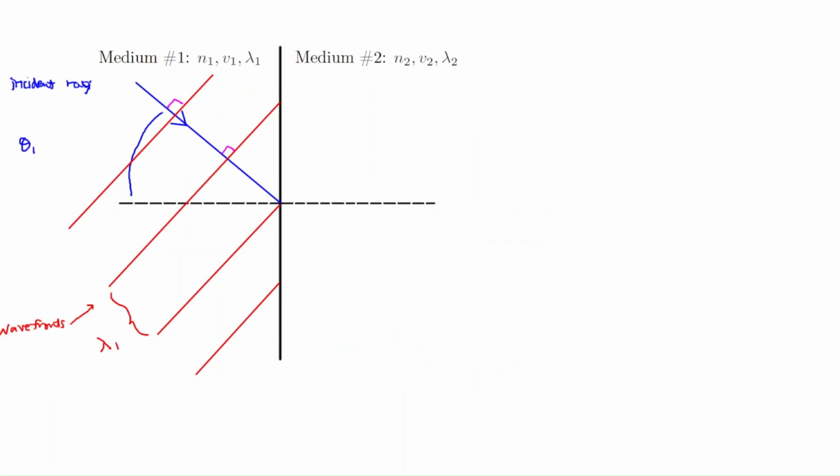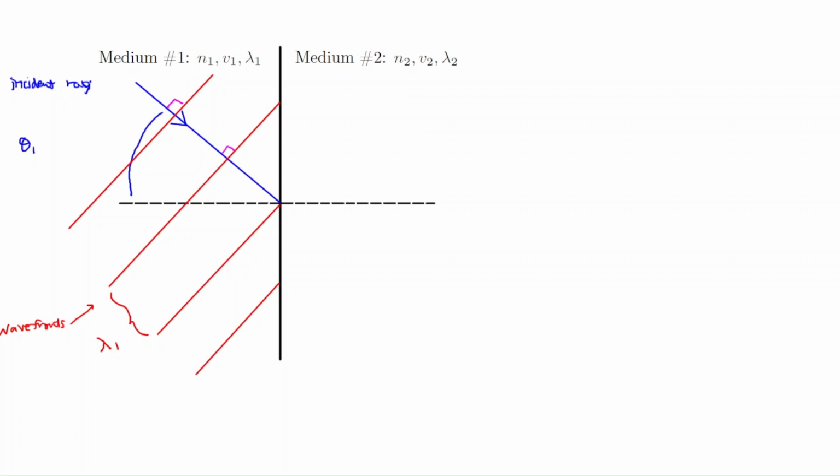All right, so here's a diagram we can start with to try to figure out the rest. The black vertical line represents the boundary between two different media. On the left, medium number 1, which has its index of refraction, speed, wavelength, etc., and then medium number 2 on the right.